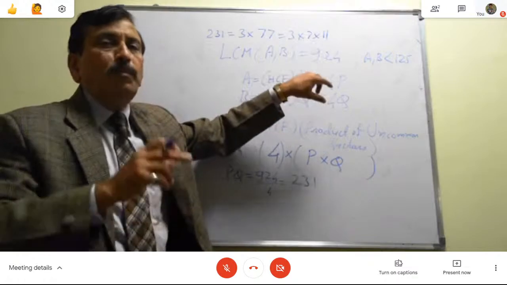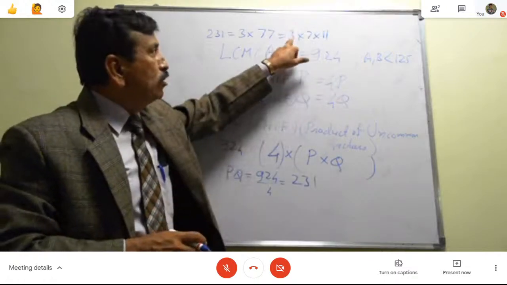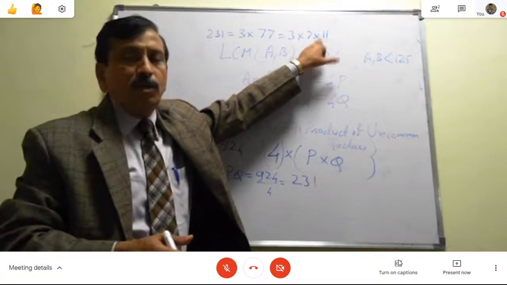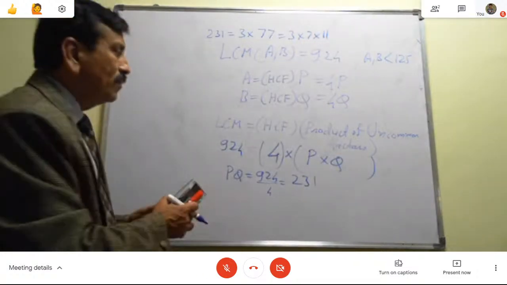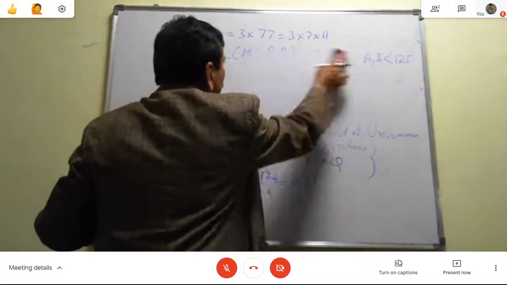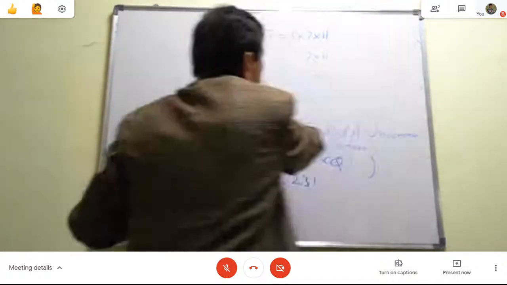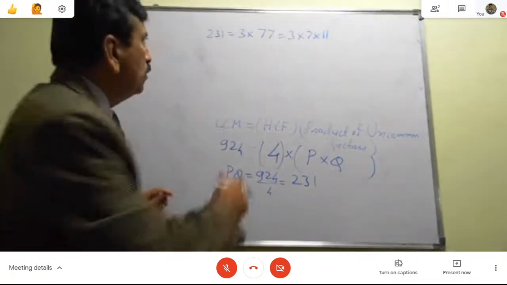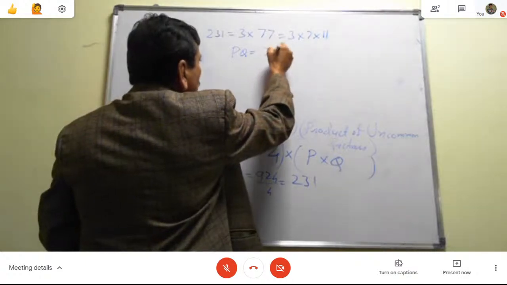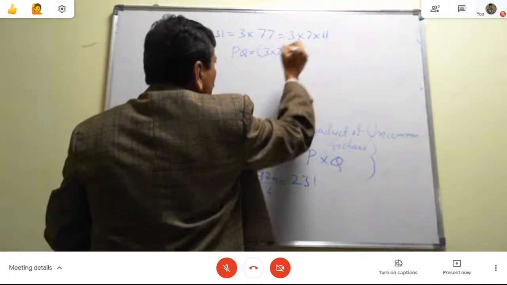So one of the numbers out of P and Q will get the product of two numbers out of this, and the second one will have the other factor. So we have combinations. If it is clear, I'll proceed. So what we can do, we can say that P into Q is equal to 3 into 7 into 11.